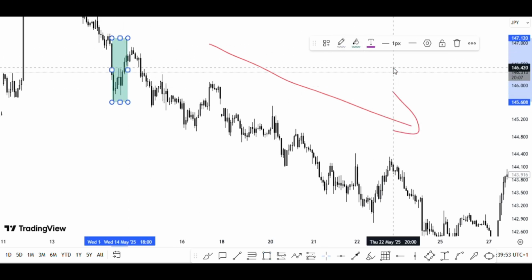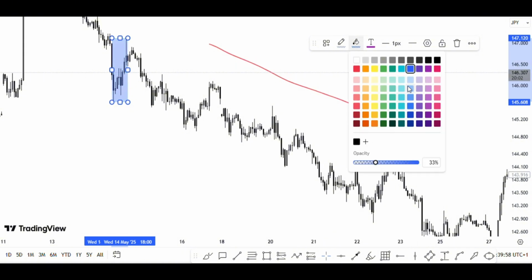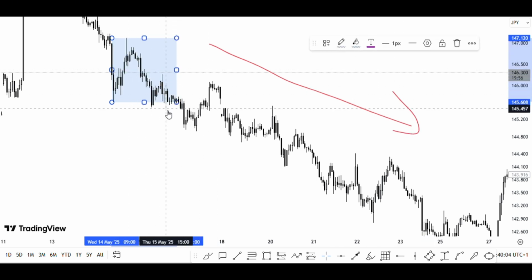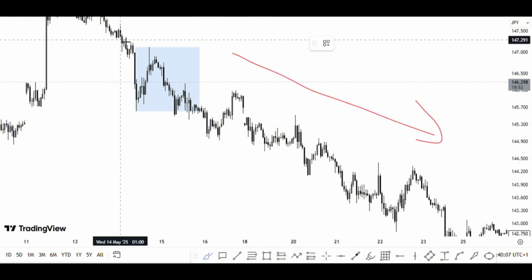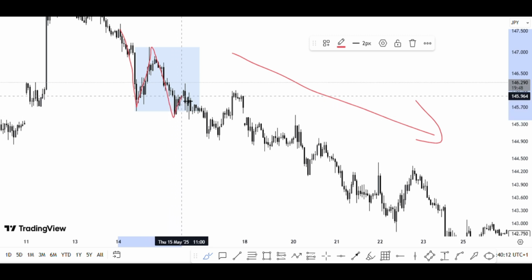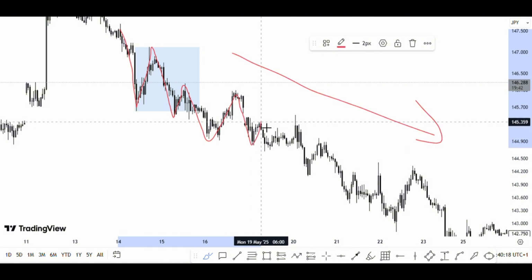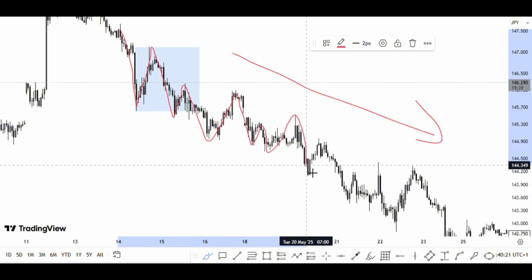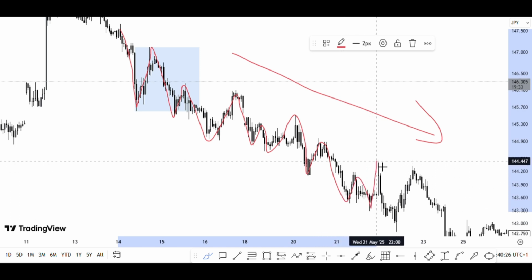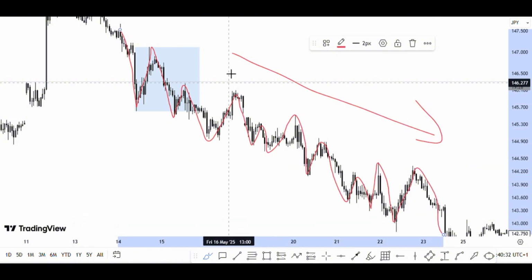This is the last buying momentum before we collapse. If I trace it, we push down, push up, push down, push up, push down, push up, then the process continues.